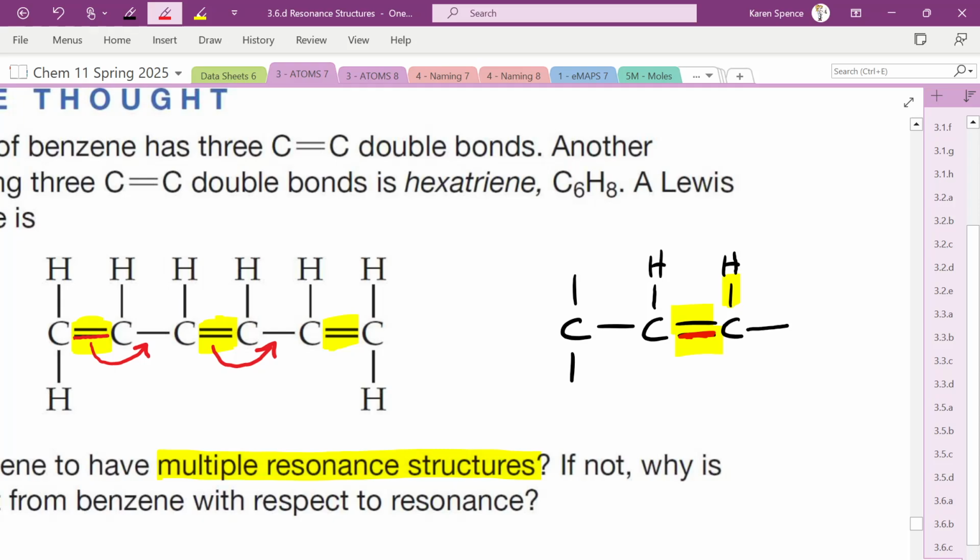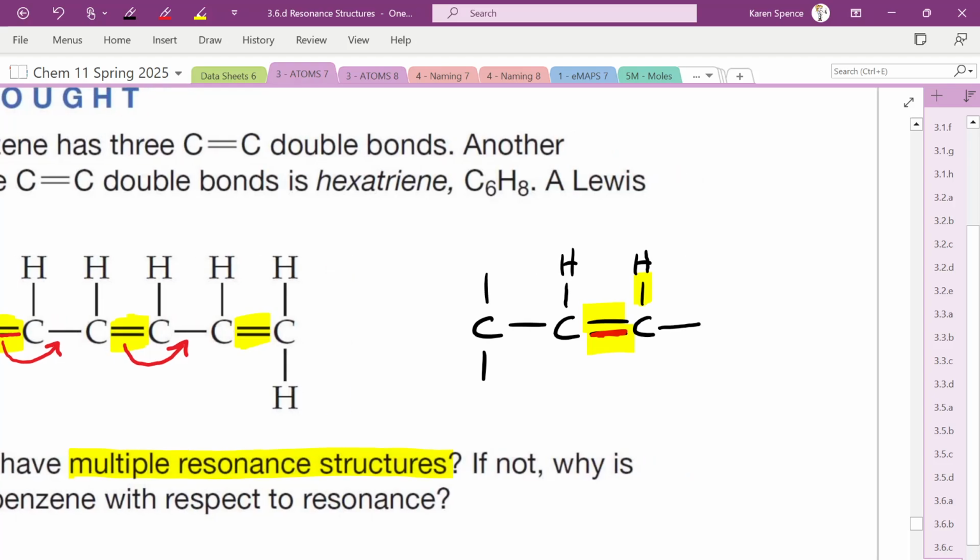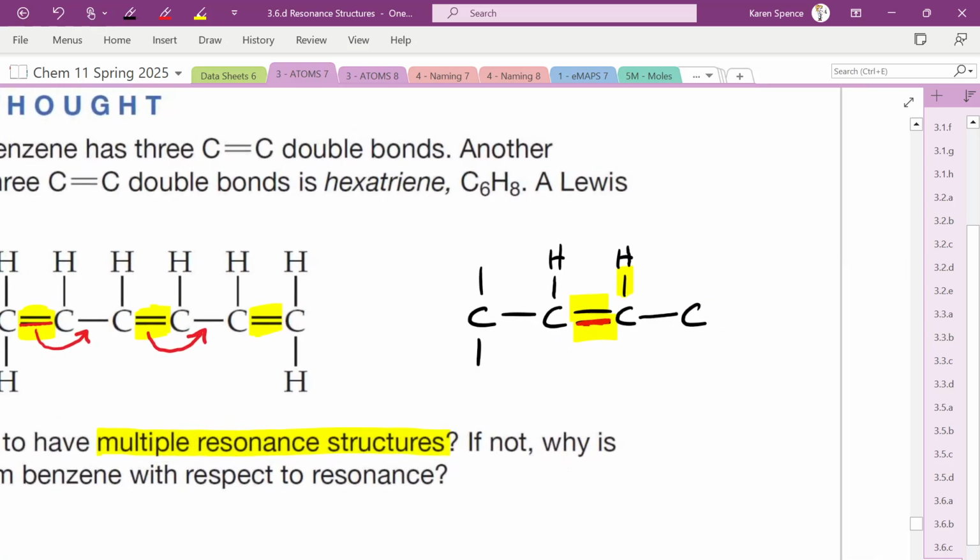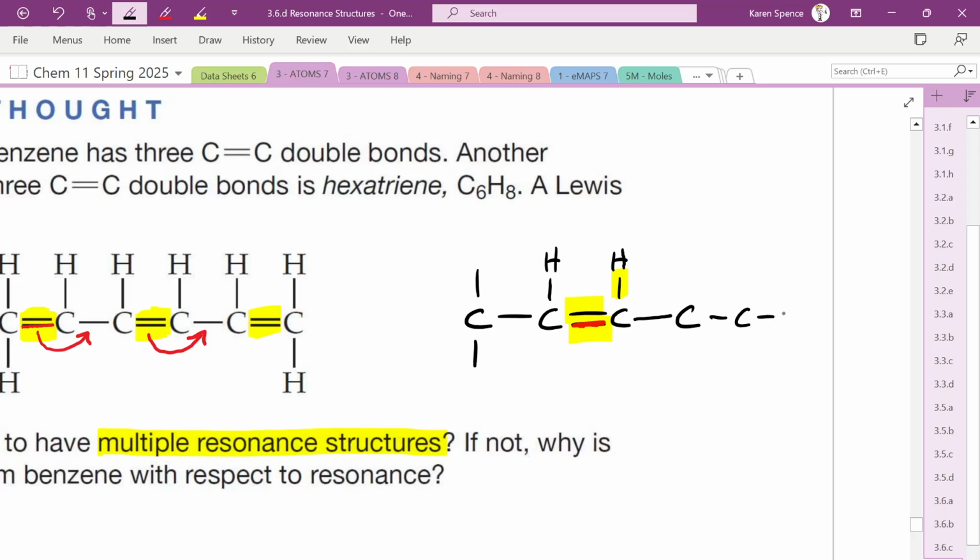Okay? So we're now taking this one and moving it over. 1, 2, 3, 4, 5, 6. Okay, so now we've moved this one over here. Okay. And we have a hydrogen here.